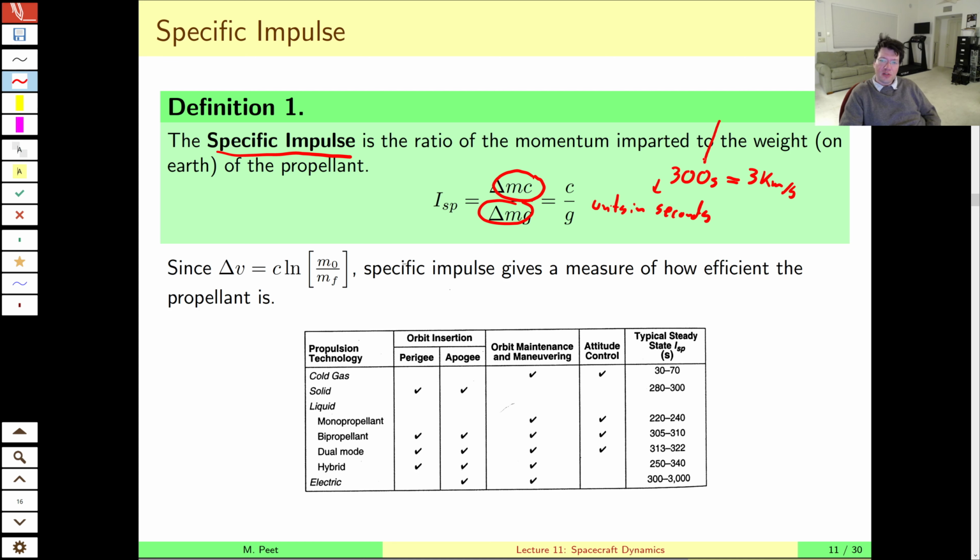If you want some intuition for the 300 seconds, you can think of it as the time that propellant can thrust its own weight before it burns out.